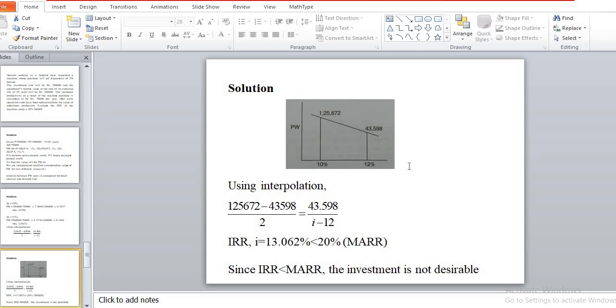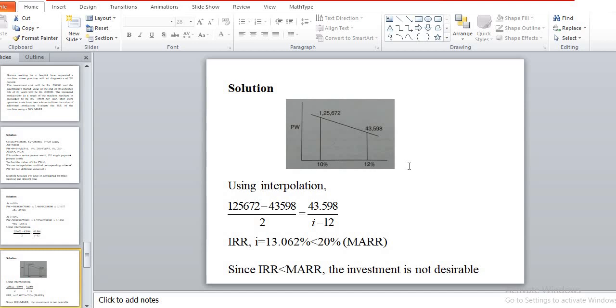Now for this condition, we use the interpolation formula. In this interpolation formula, we have two values, and for these two values we have to find some intermediate value.